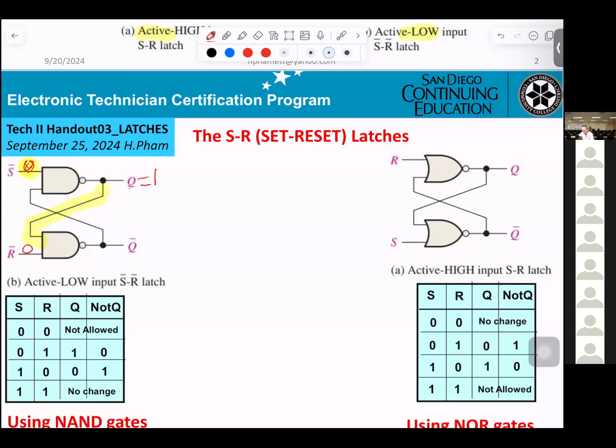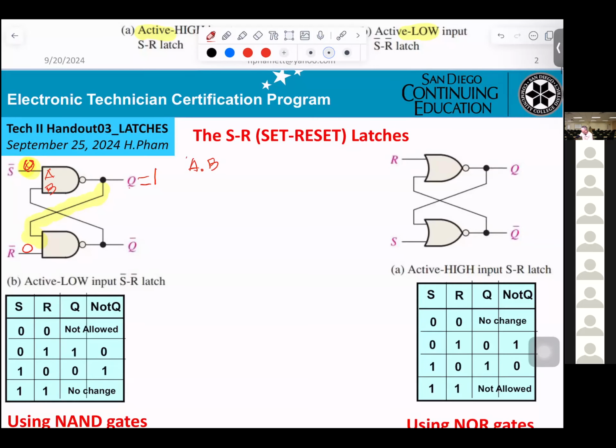I'm telling you again, if you get A, B, so for the NAND gate, A and B with the inverter bar over, you get not A, not B. So S equals 0, and not 0 will be 1, so anything added, the output has to be 1.